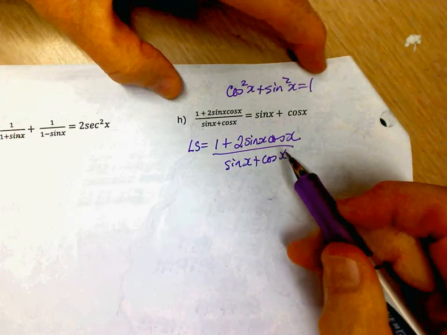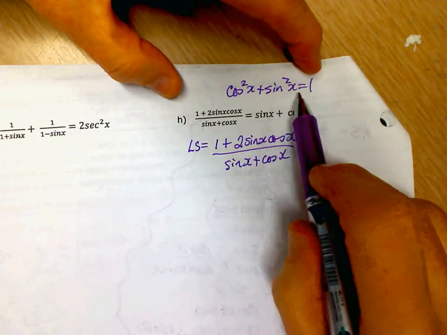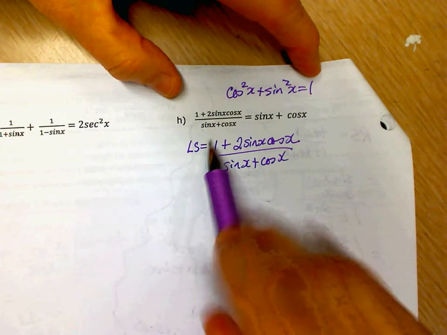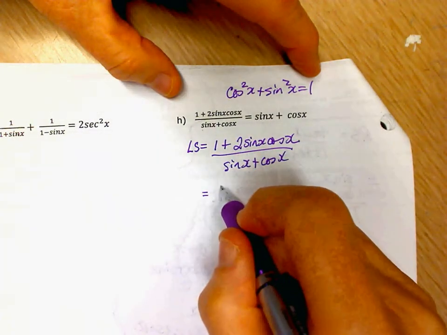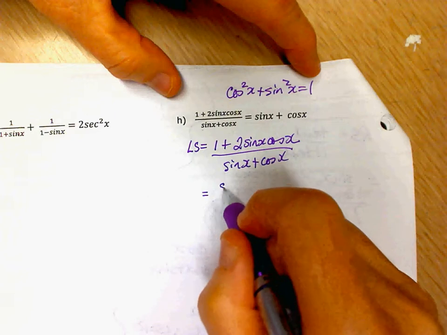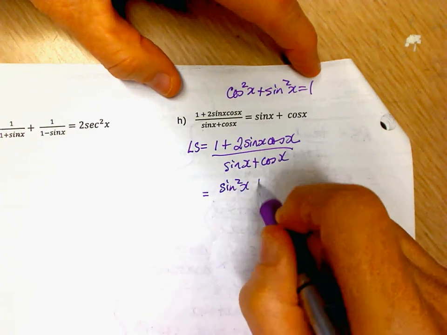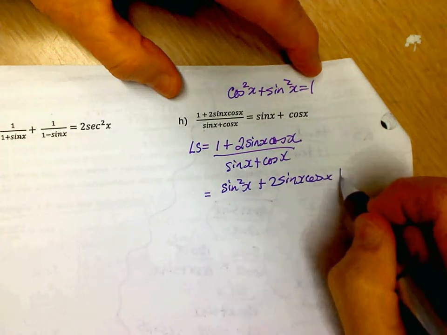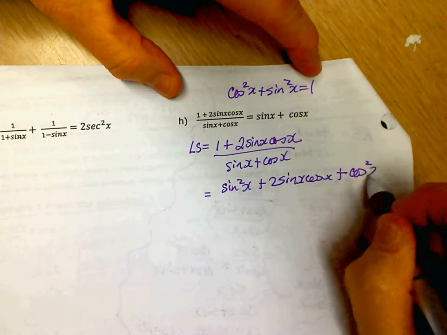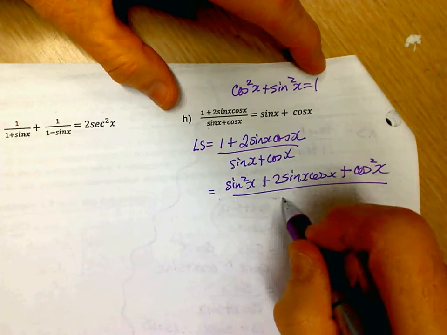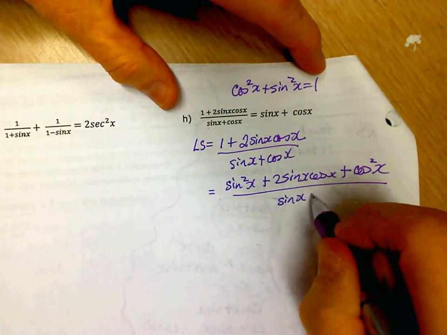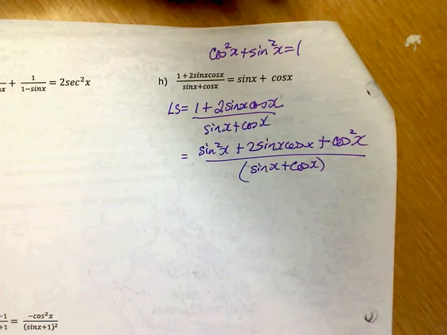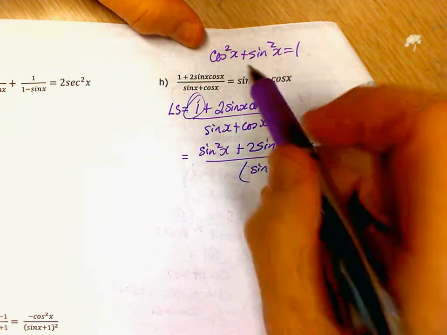So we're going to write that in terms of cos squared x and sine squared x. So this is going to be sine squared x plus 2 sine x cos x plus cos squared x all over sine x plus cos x. So I took that 1 and replaced it with sine squared x plus cos squared x.